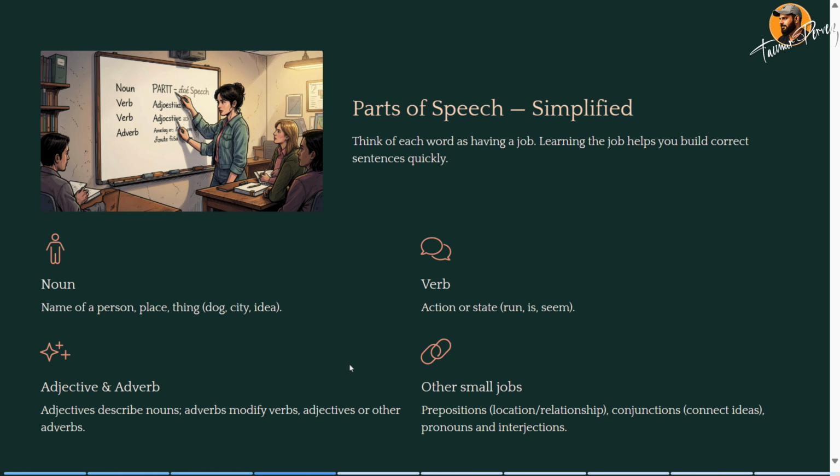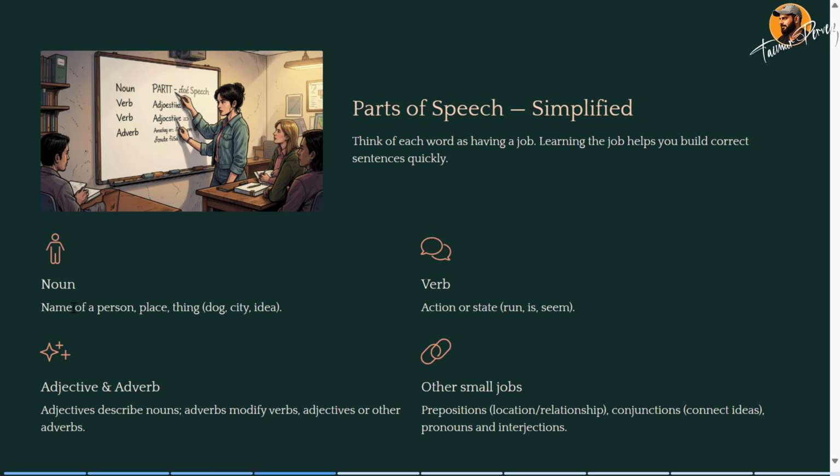Second lesson is parts of speech, which again I will be giving you a very simplified lesson which will help you to understand more quickly. So you have to think of each word as having a job. जैसे आप ये सोचो कि ओके दिस वर्ड हैज़ दिस जॉब, दिस वर्ड हैज़ दिस जॉब, तो उस हिसाब से आप पार्ट्स ऑफ स्पीच को बहुत ईजीली समझ पाओगे. कैसे? जैसे नाउन है तो नाउन, ऑलवेज थिंक नाउन एज अ नेम ऑफ अ पर्सन, a place, thing like dog, city, or idea.